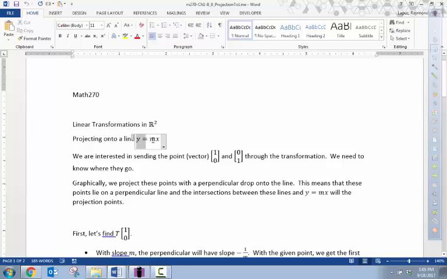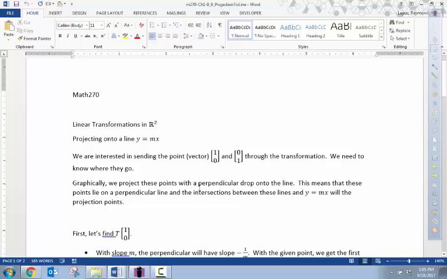So if we're going to project onto a line, it would be a linear transformation if the line passes through the origin. That's the only way it's going to be a linear transformation. So a generic line that passes through the origin will be y equals mx. There's no b, because b is equal to 0, right? If it doesn't pass through the origin, then your line does not have a 0 solution, and we can't have that for linear transformations, because remember, T of 0 has to equal 0.